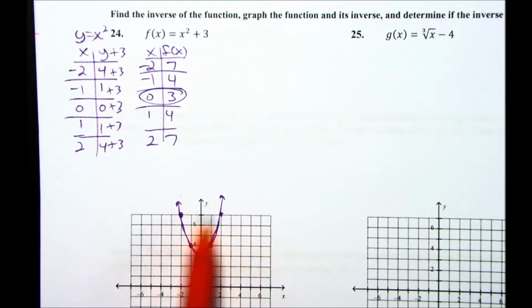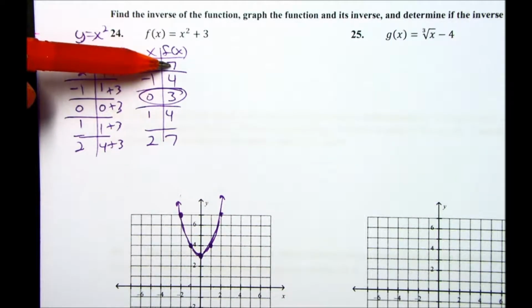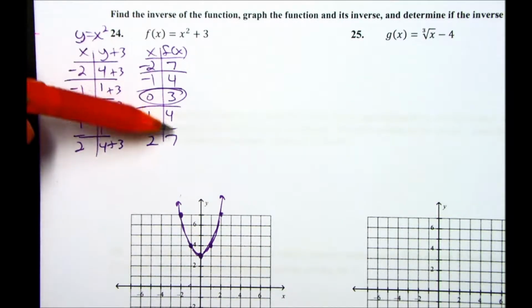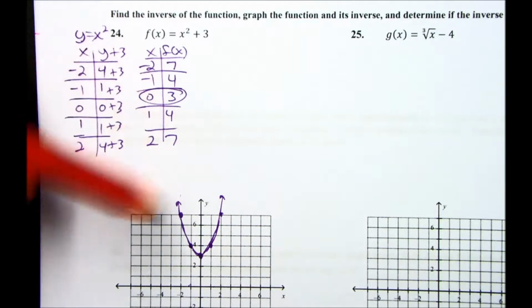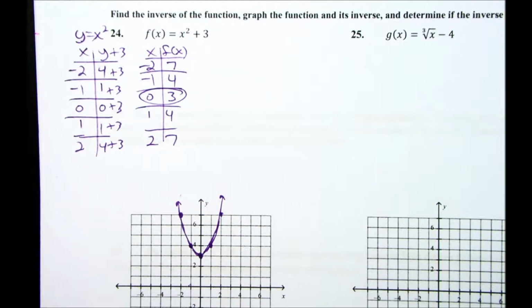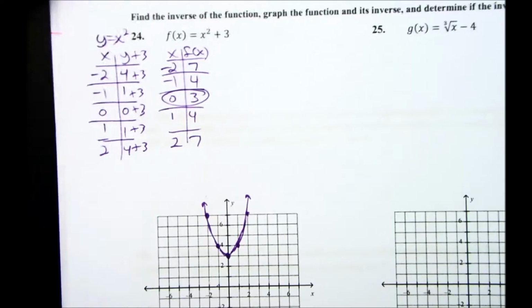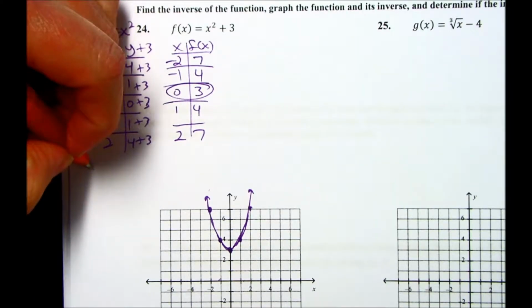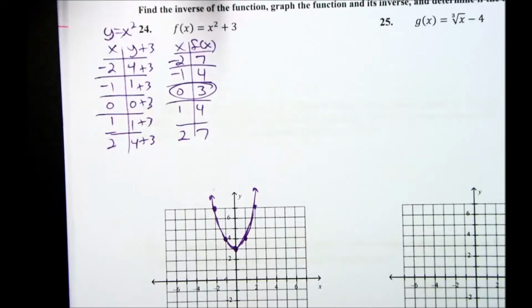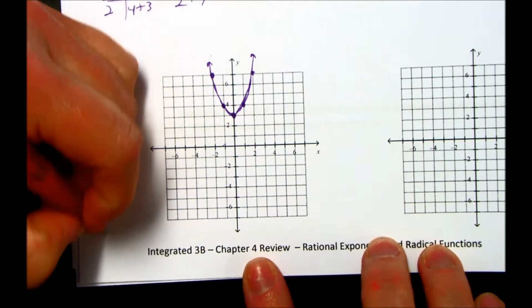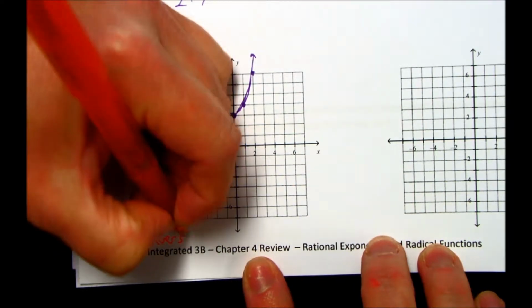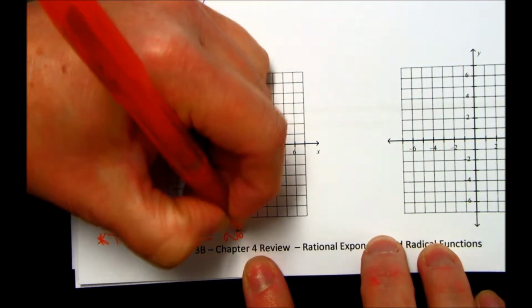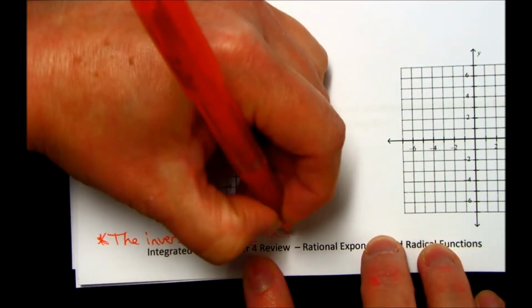If there are 2 points with the same y coordinate in the f of x function, then there will be 2 points with the same x coordinate in its inverse. So we can already tell that the inverse is not going to be a function. I will put that note down here somewhere. The inverse is not a function.